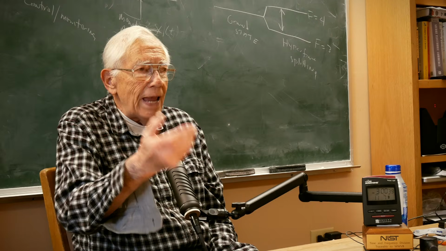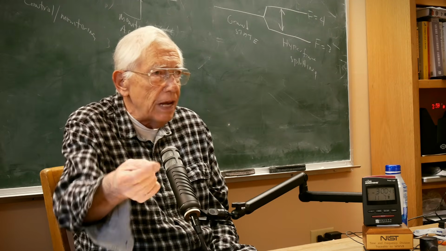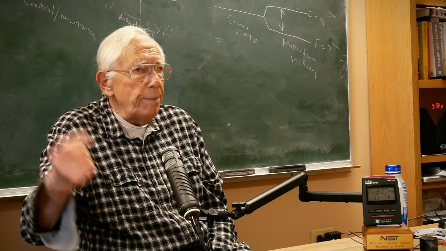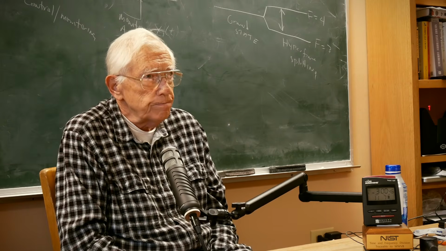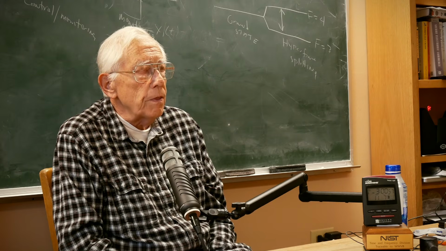So you count 1 million cycles of that frequency, and you now compare it against the standard. But this feels like it has some kind of almost circular argument inside, because you need to have the standard in order to do this. How do you generate the standard? I generate the standard by starting out from quantum mechanical principles.